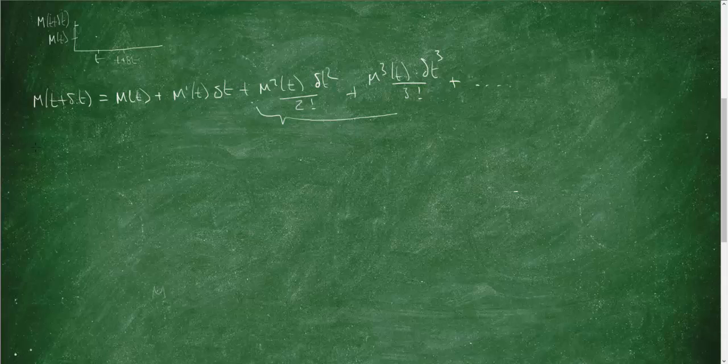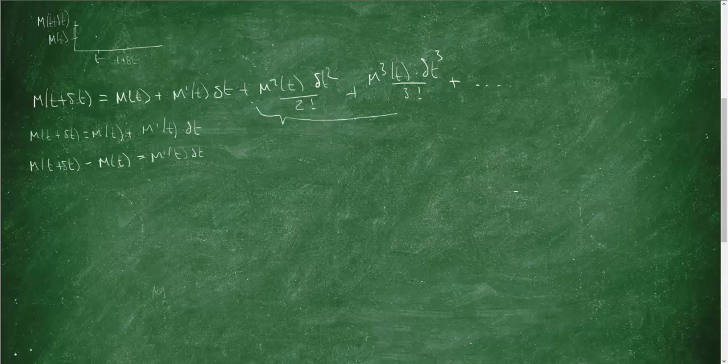So if we do that, we would end up with m of t plus delta t equals m of t plus the first derivative of m times delta t. If we subtract m of t from both sides, we would have m of t plus delta t minus m of t equals the first derivative of m times delta t.